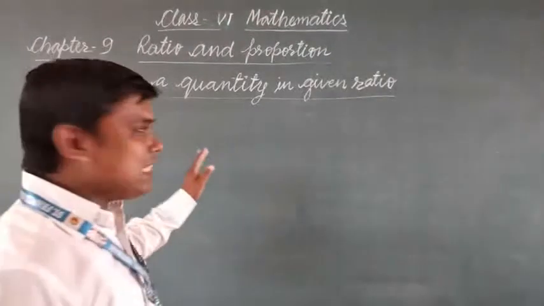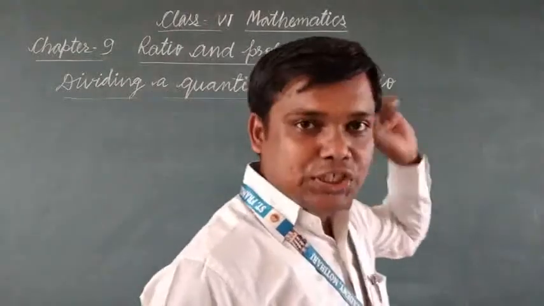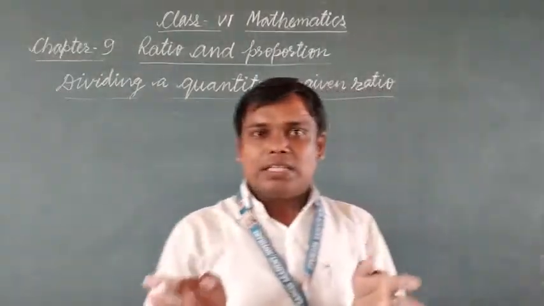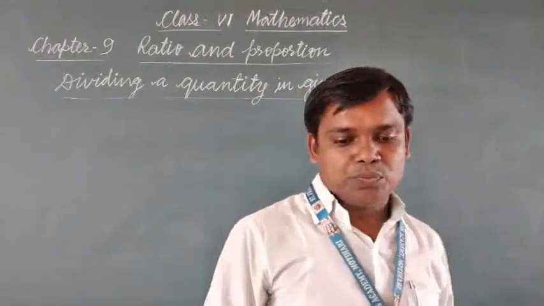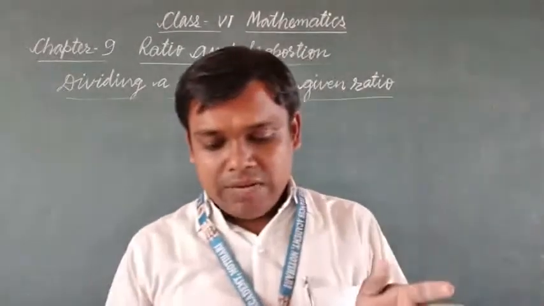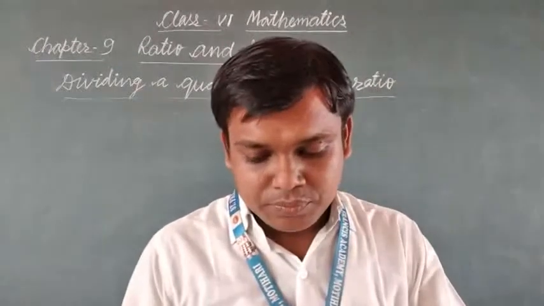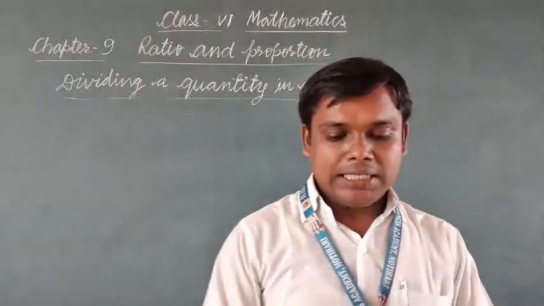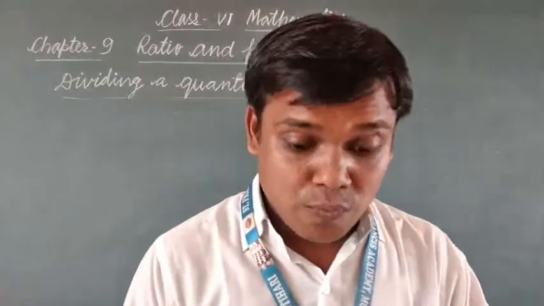Now we will study dividing a quantity in a given ratio. We have a given quantity and we have to divide it in the given ratio. Take an example. A father leaves behind 25,000 rupees to be shared by his son and daughter in the ratio 6:4.